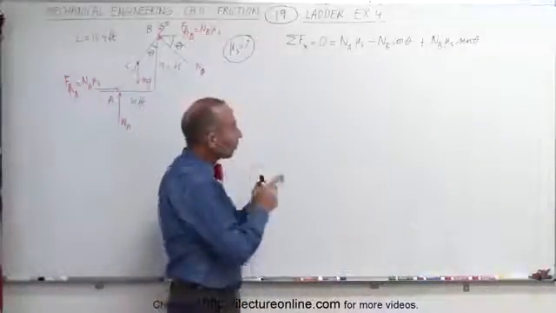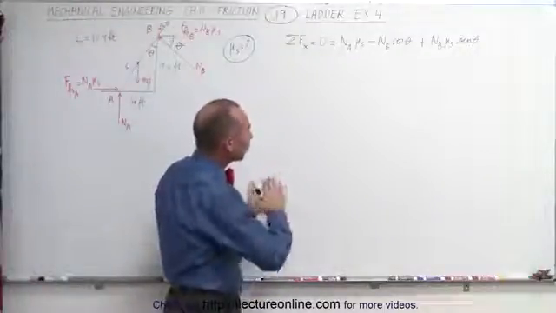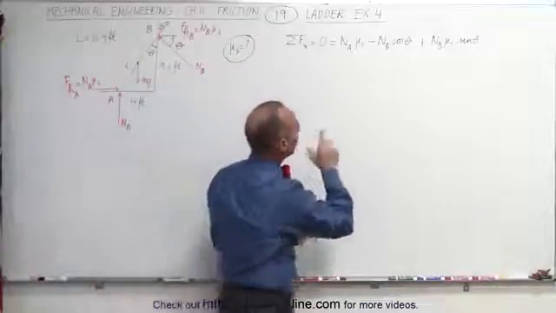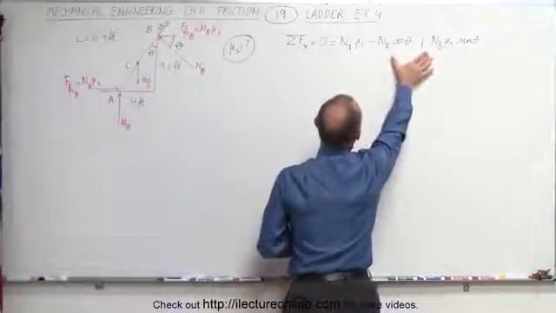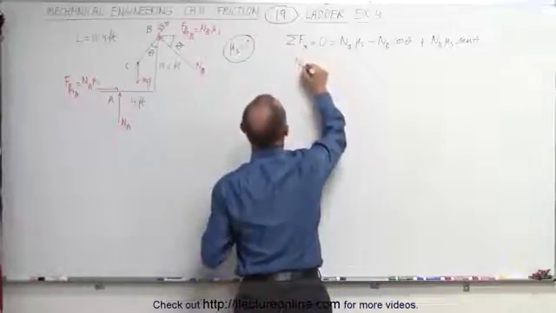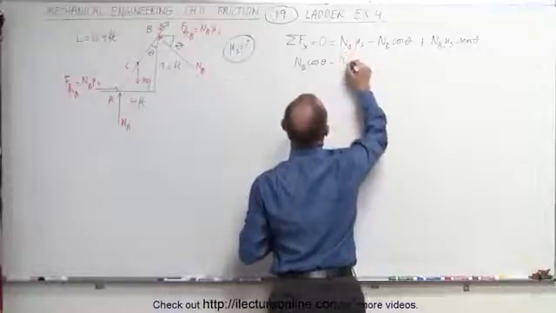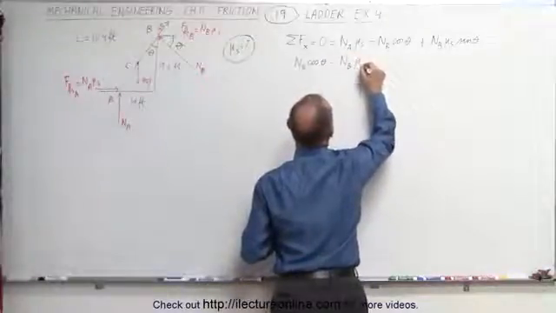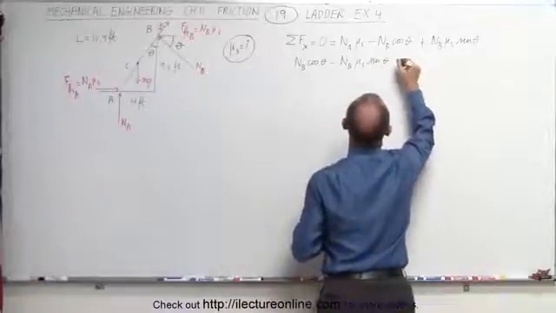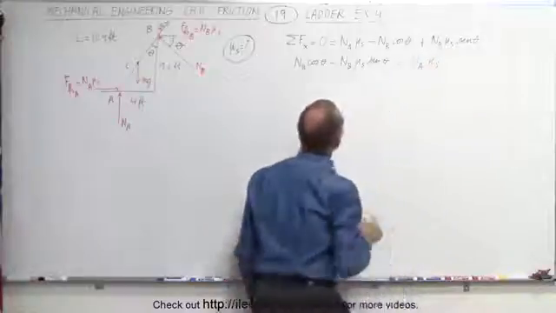So what we want to do with this equation is exactly the same as we did in the previous video. We want to relate the ratio of n sub a and n sub b to mu sub s. To do that, we're going to move this over to the other side. So on the left side we get n sub b times the cosine of theta minus n sub b times mu sub s times the sine of theta, and on the right side, we have n sub a times mu sub s.